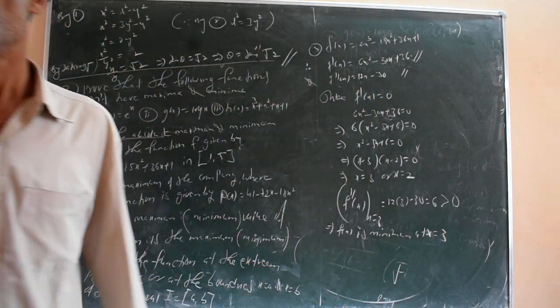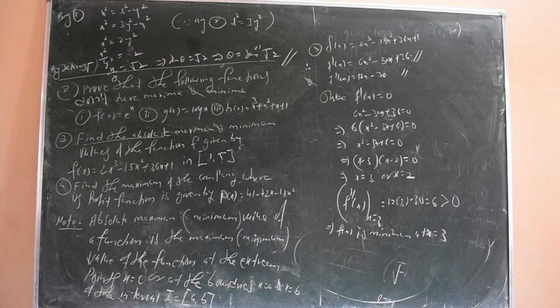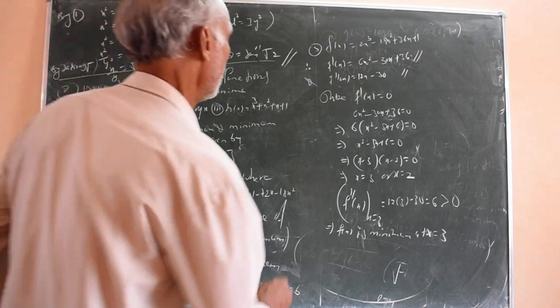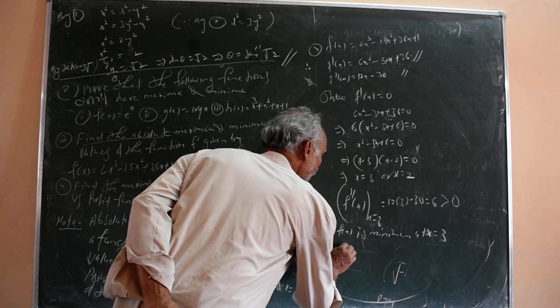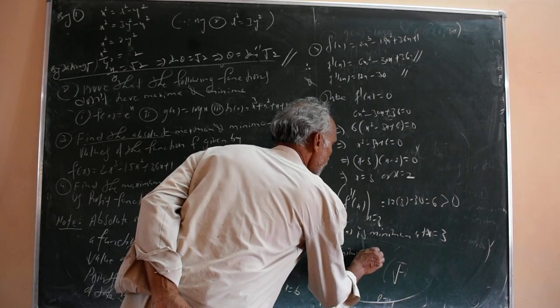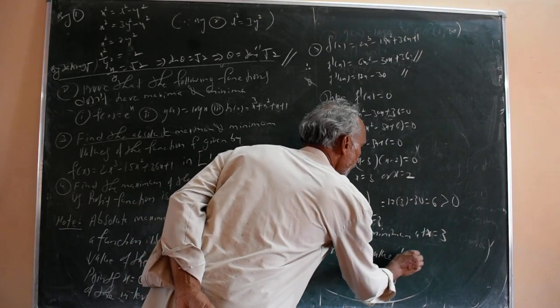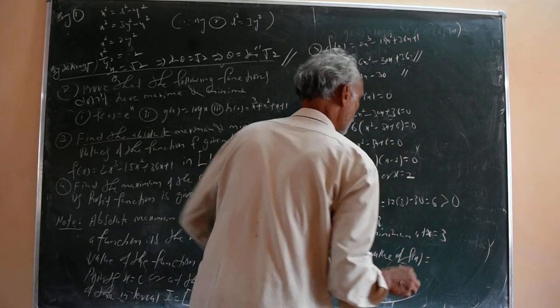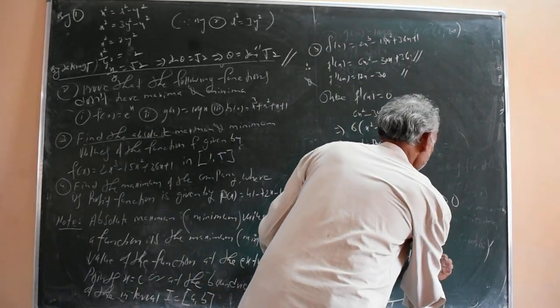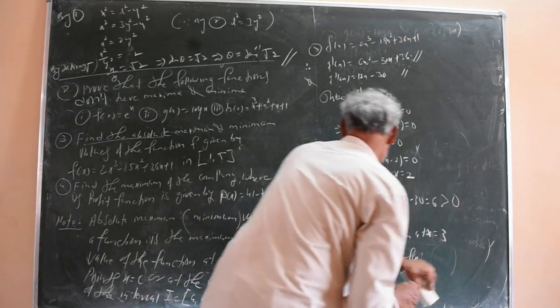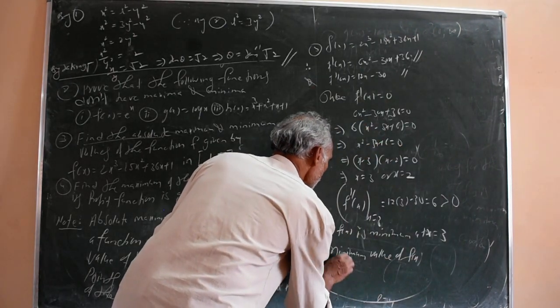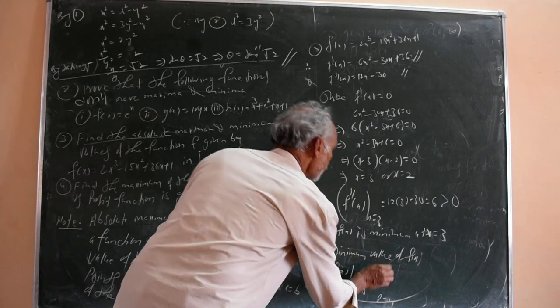Now, therefore, the minimum value of f of x is, in f of x, take x is equals to 3.